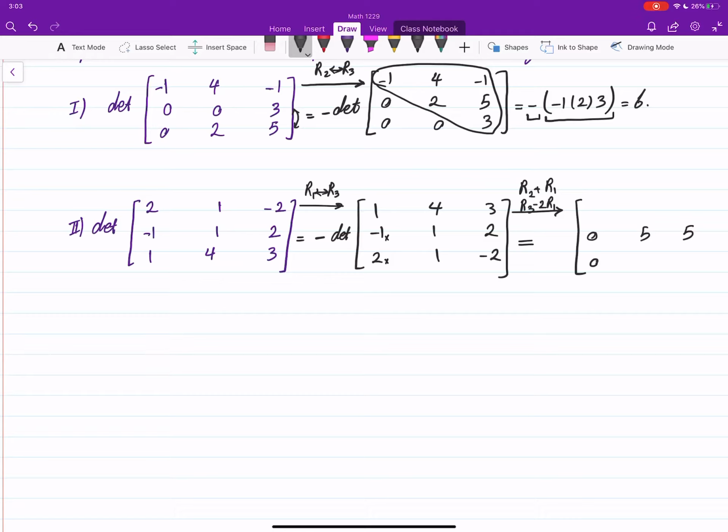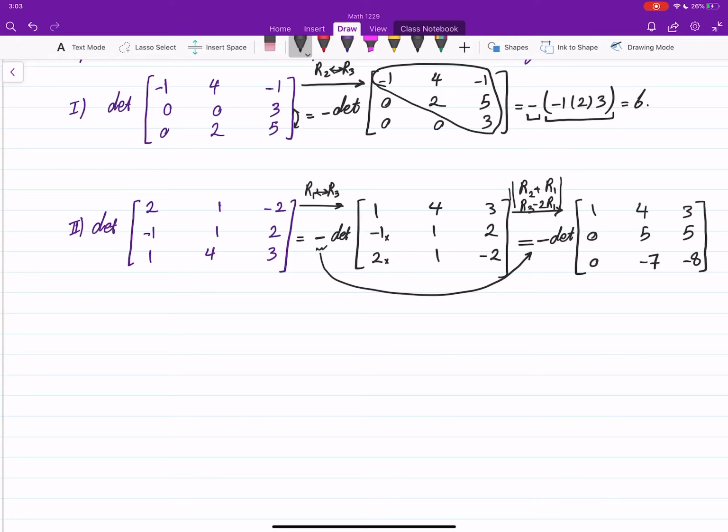Plus 1 is negative 7. Negative 2 minus 2 times 3, this is negative 8. And this will give us 1, 4, 3. The first row, we don't change it. Very nice. But these elementary operations don't change the determinant. So determinant stays the same, but don't forget to carry over the negative sign from the previous step.